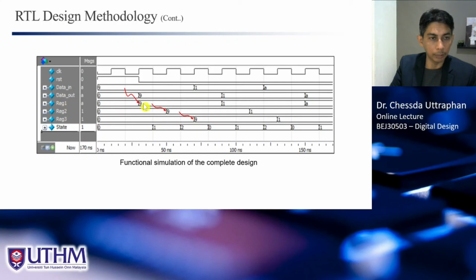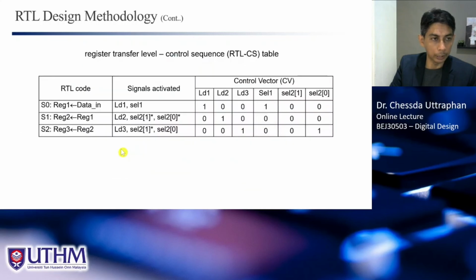So we can see that number 9 here goes to here, we have number 9 also, reg 2, and the next one, state number 2 or S2, the data from reg 2 now goes to reg 3, here. This is exactly what we want. Data in goes to reg 1 at S0, reg 1 goes to reg 2 at S1, reg 2 goes to reg 3 at S2.